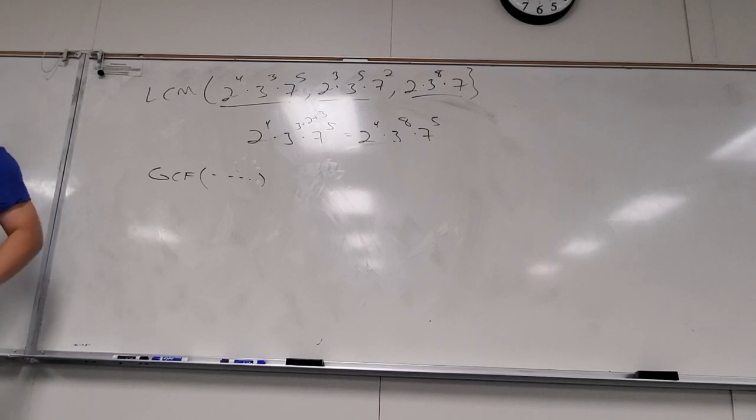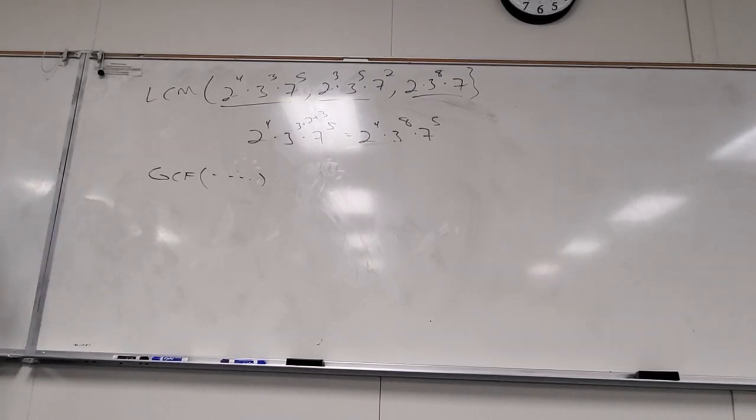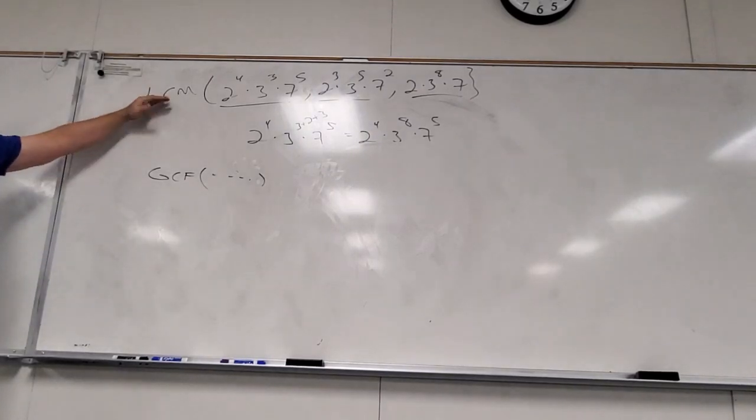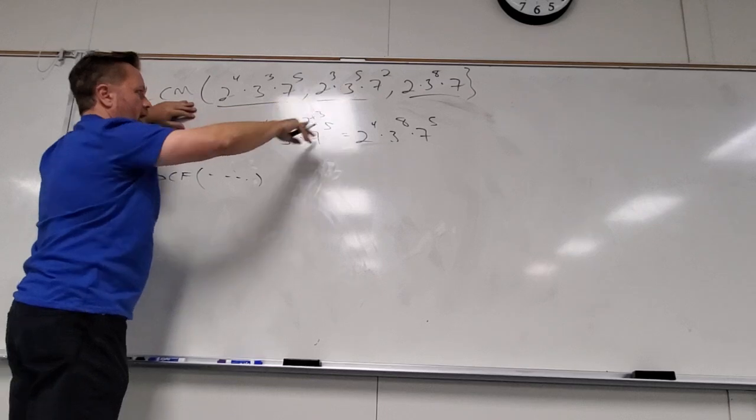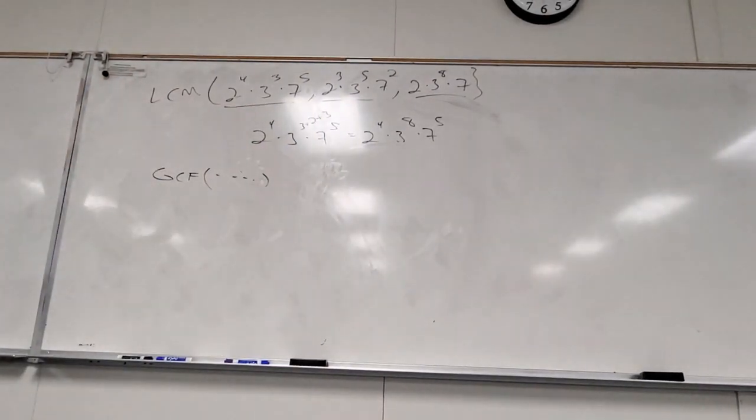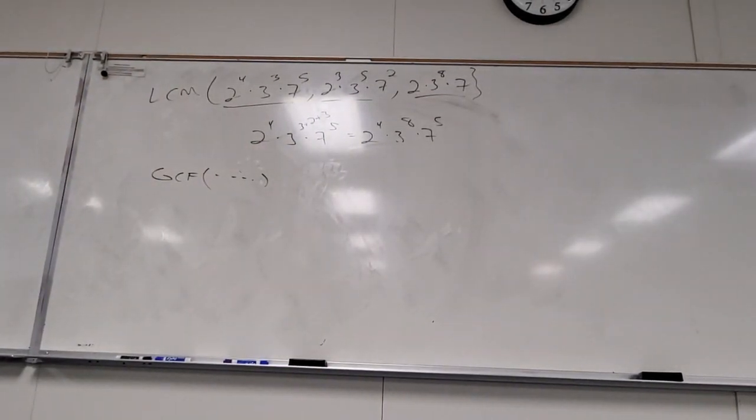If we were looking for the greatest common factor, would it just be the smallest power? Like for 2, it would just be 2. Yeah, so GCF will be exactly the opposite. It's got to be whatever the smallest power is. That kind of makes it nice and easy to remember. LCM, you're going to want the biggest thing that they all have. And I know, trust me, I understand, you're like, it says least common and you want me to take the biggest.